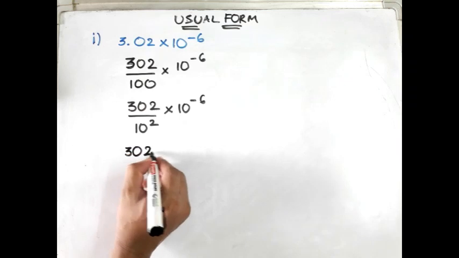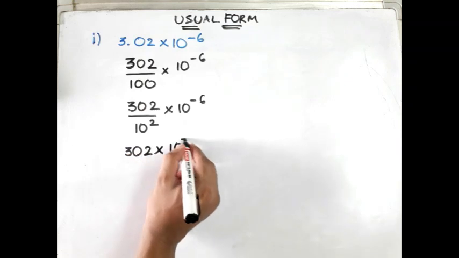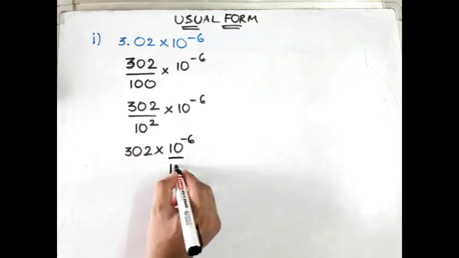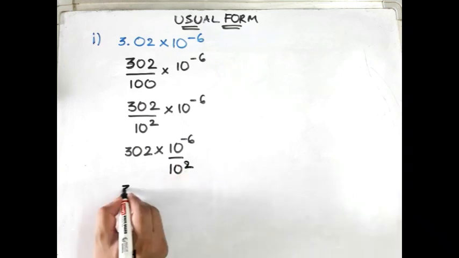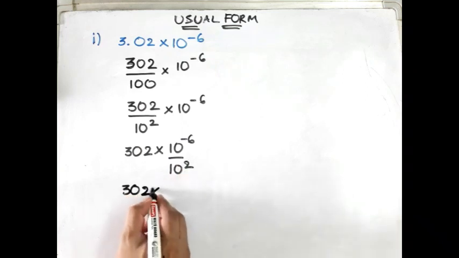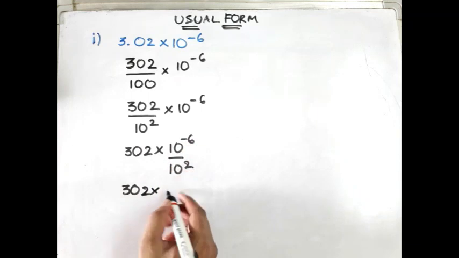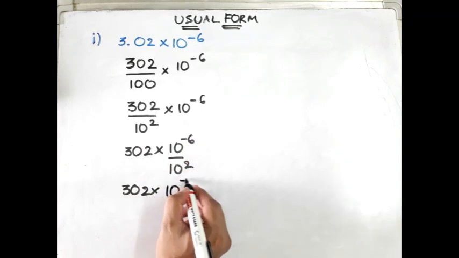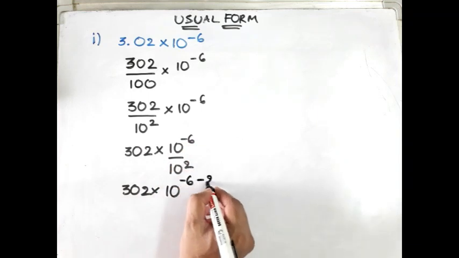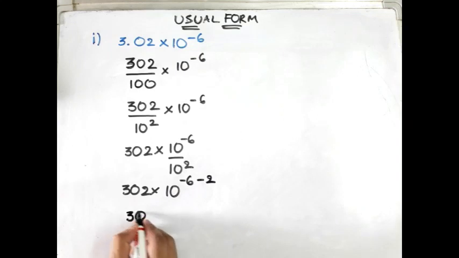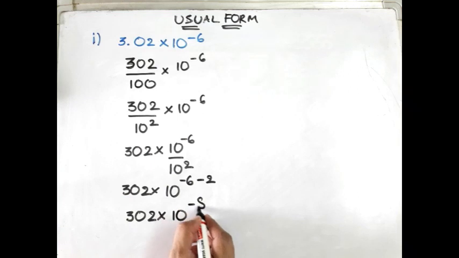302 into 10 power minus 6 by 10 power 2. As you know, a power m divided by a power n is equal to a power m minus n. So 302 into 10 power minus 8.